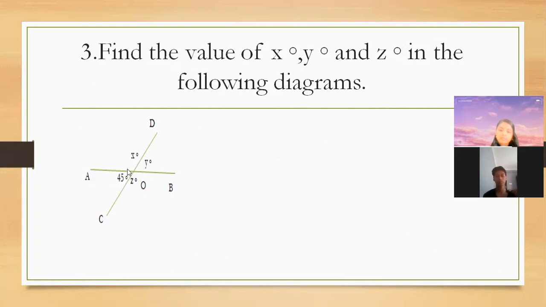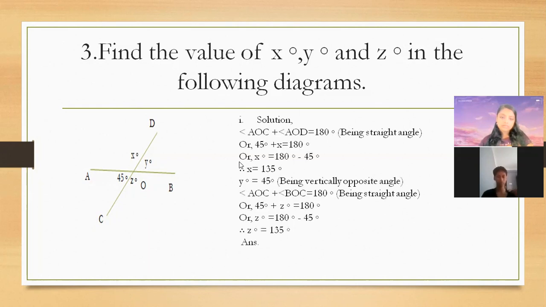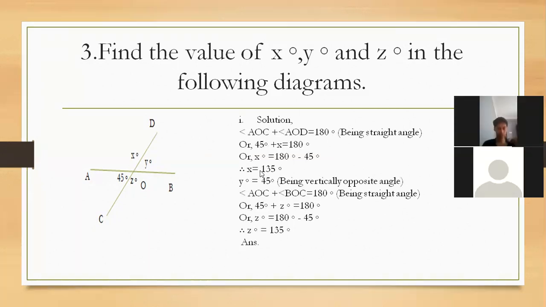Then you will get 180 degrees. x plus 45 is equal to 180 degrees. Very good, that you have to do first. Then you will get the value of x as 135, because 45 will go to this side to subtract. And it will be 135, right?